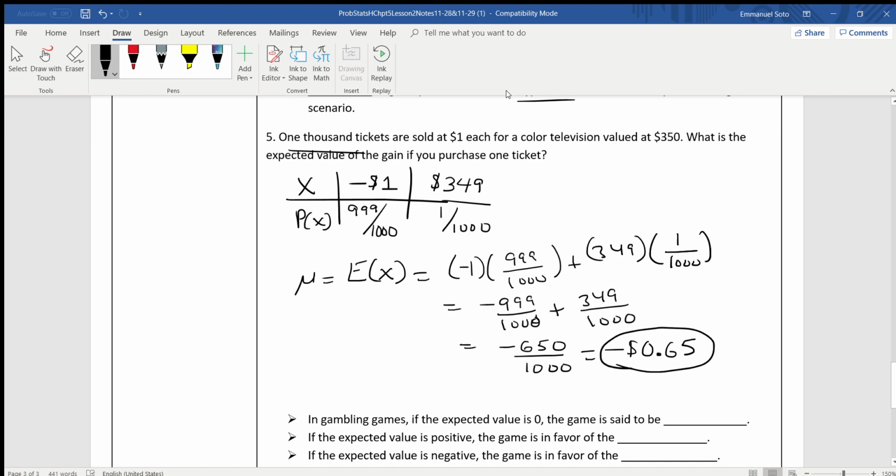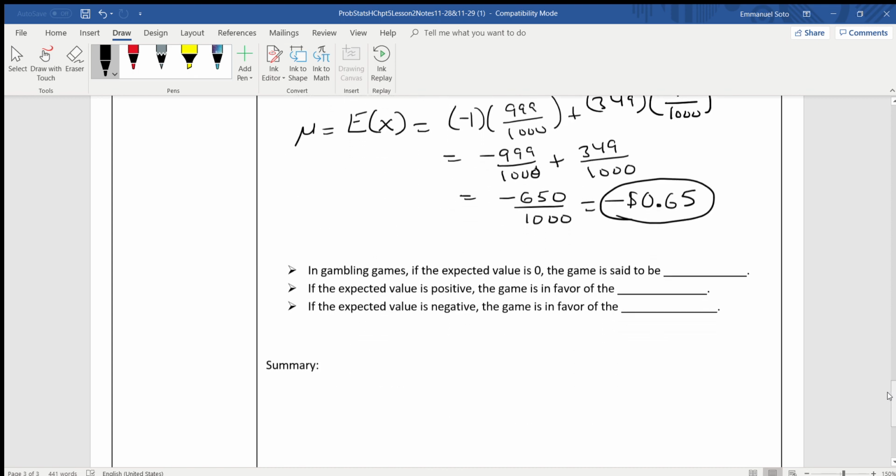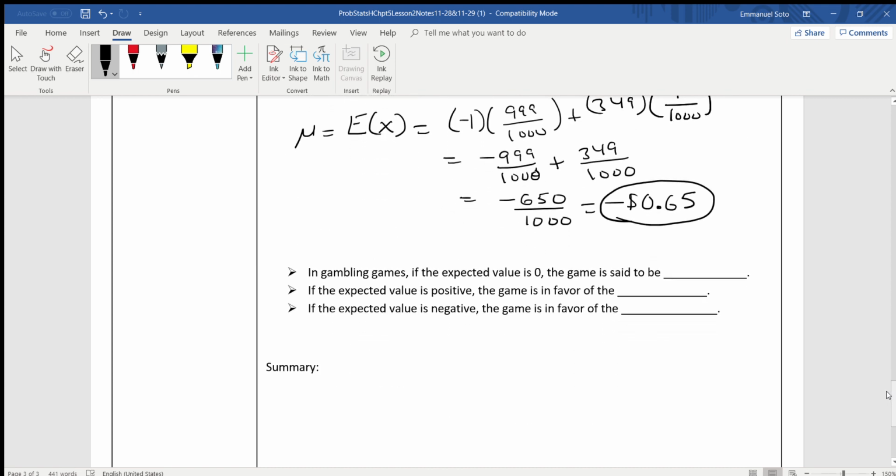Overall, this is not a very good game to play. You're expected to lose, so that's not fair. When we're talking about gambling, if the expected value is 0, the game is said to be fair. That means on average you're not expected to gain anything, but you're also not expected to lose anything, so it's considered fair for both parties. However, if the expectation is positive, the game is in your favor as the player.